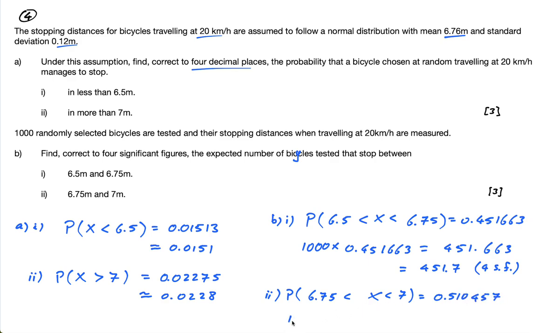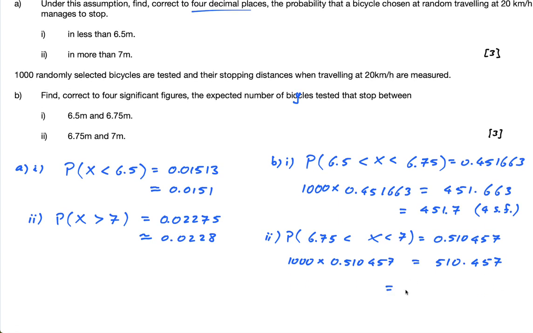Same thing, 1,000 times 0.510457 is equal to 510.457, which is 510.5. I have to round this up because of these two. And this is to 4 significant figures.